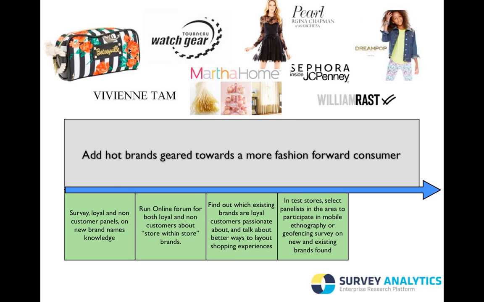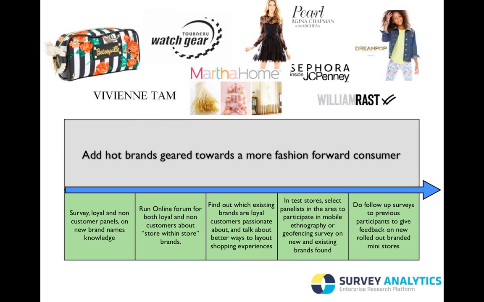The third thing was actually really important that was missed by the original strategy, is that we need to actually find out what existing brands that our loyal customers are passionate about, and then talk about better ways to lay out that customer shopping experience with these brands in mind.